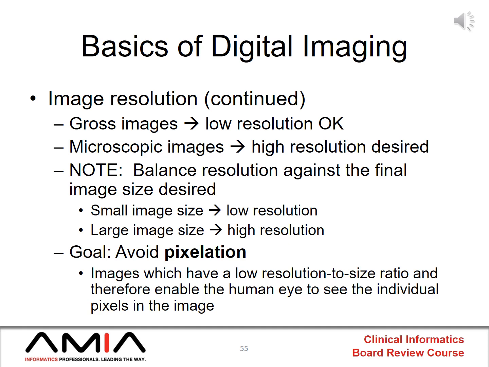Similarly, if you are taking a small-sized image, low resolution would be acceptable for those, whereas if you're taking an image that's going to be projected on a very large screen, high resolution would be preferable in order to avoid pixelation, which is a term that refers to the ability of the human eye to see the actual individual pixels in an image.